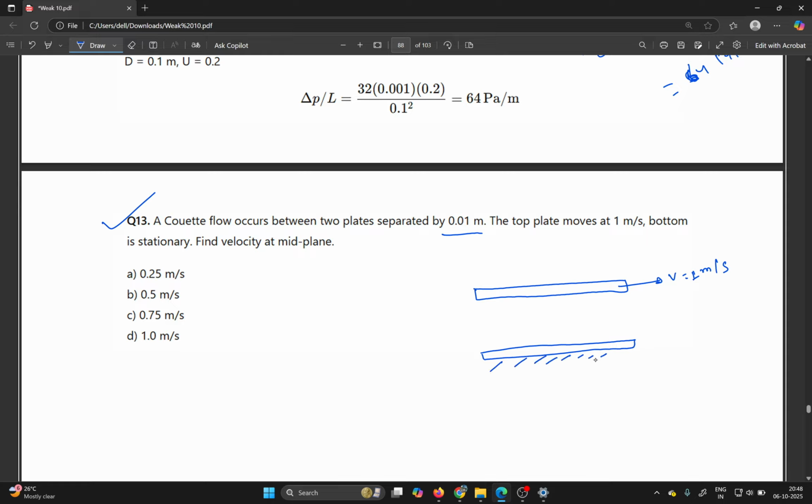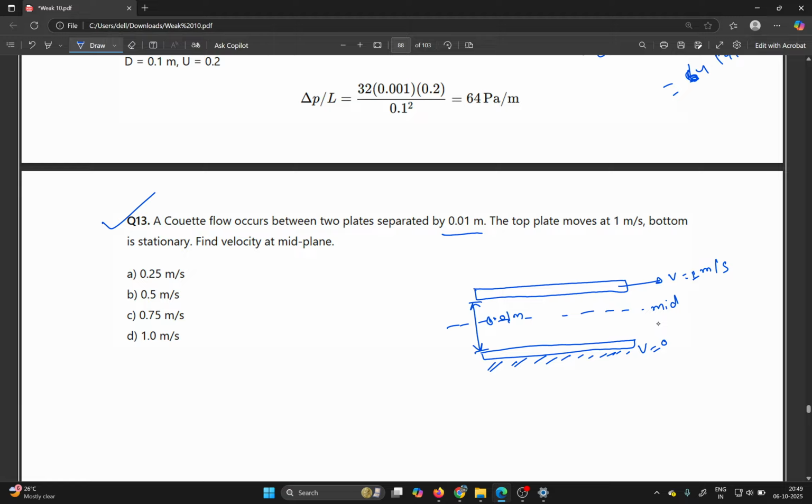The velocity of this bottom plate is 0, and the distance between the plates is 0.01 meter. So the bottom is stationary. Find the velocity at the mid plane, means here you need to find out the velocity at mid.